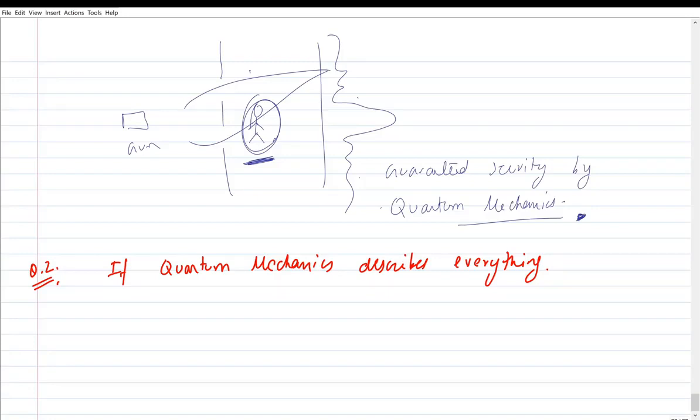There has not been any experimental violation to quantum mechanics for the last 120 years since its inception. And we believe that quantum mechanics is a much more fundamental theory than classical mechanics. So the question is that if quantum mechanics describes everything, then why is it that our bullets, remember the first experiment, do not interfere?